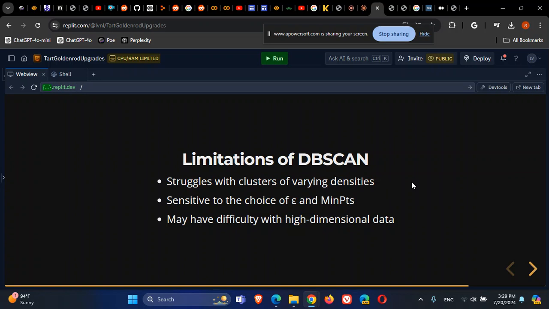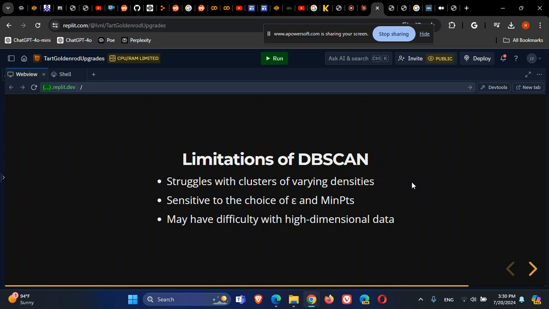You saw the different epsilons created different results, but if there are different clusters with different densities, then a constant epsilon and min points are not very good for all the clusters. So DBSCAN will have a problem catching varying densities with different clusters, and it won't cluster them very well.